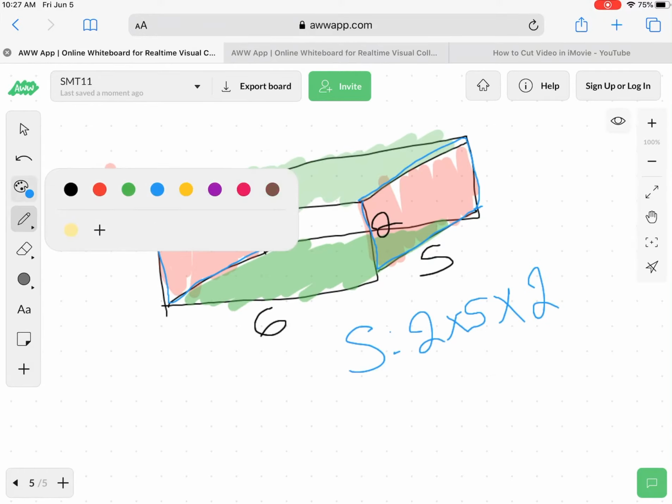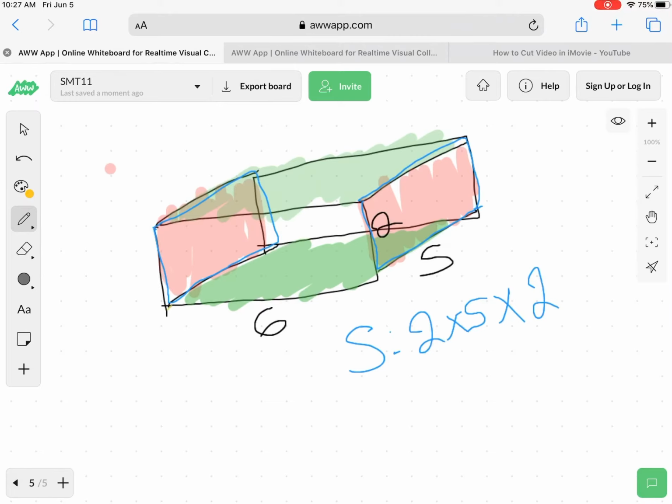Now let's find out the area of the top and bottom. So the dimensions I'll be dealing with for the top and bottom are 6 and 5. So 6 times 5, and since we're dealing with 2 faces, times 2.